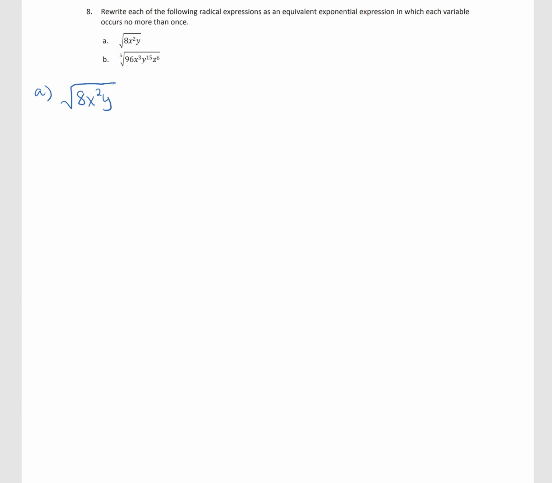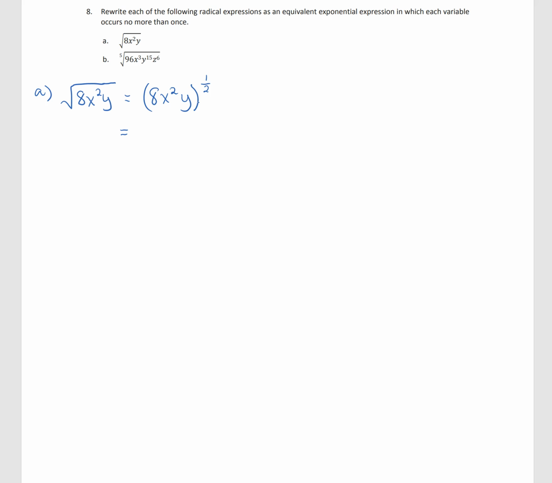So we're taking the square root of this whole thing, so we can rewrite this as 8x squared y all to the power of 1/2, because that means to take the square root of it all. And now we can apply this 1/2 into each of our terms because they're all multiplied by each other.